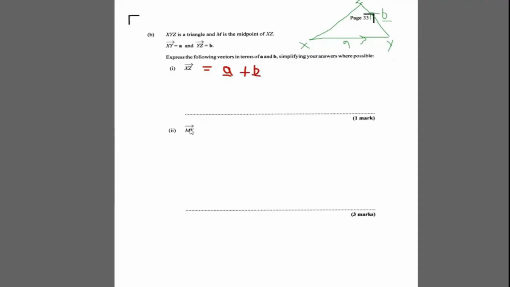Now I need to go from M to Y. Where is M? M is the midpoint of XZ. So XZ is somewhere right here, and this is M. To go from M to Y, I can go from M to X, and then from X to Y. So M to Y is M to X plus X to Y. No issues.